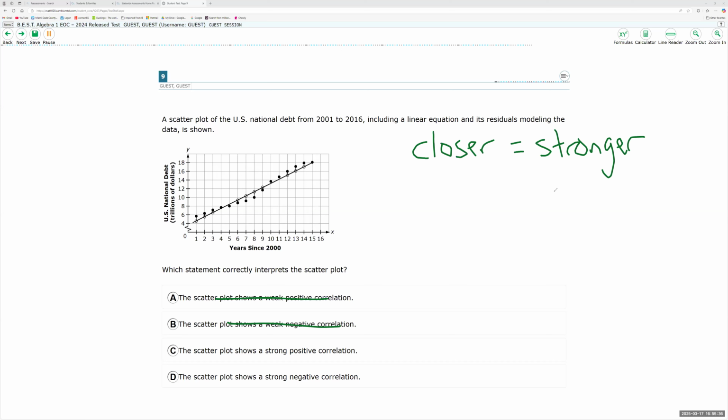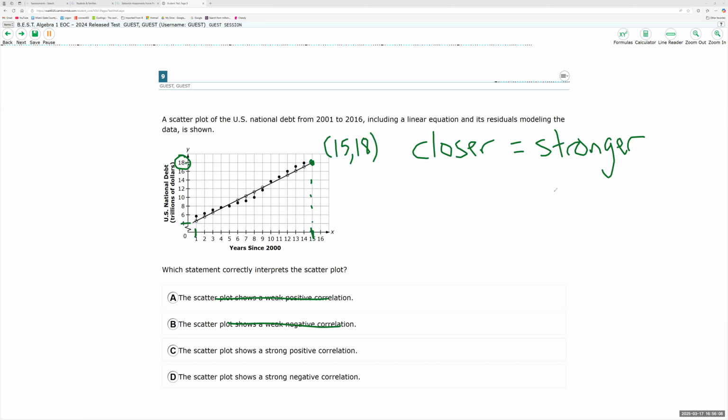All right, now if the line is rising, if you see that when the x values are going higher, say from 1 to 15, 15 is higher than 1, and this number's 4, and when we go to 15, this is going to 18. So when they both are increasing, right? So this point indicates 15, 18, more or less.